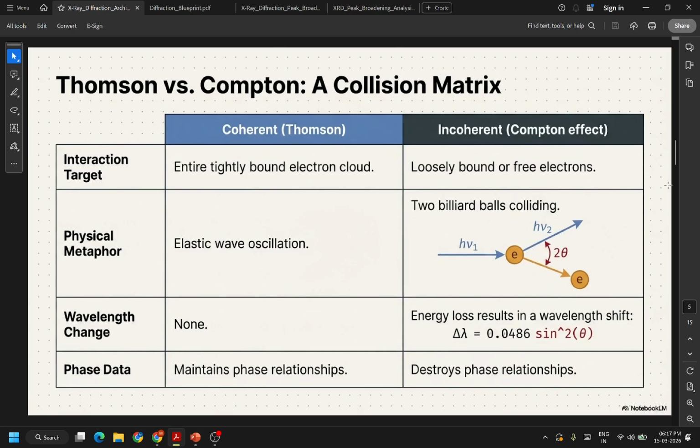Hence, there is energy loss which results in a wavelength shift, which is given by delta lambda equals 0.0486 sine squared theta, whereas there is no change in wavelength in coherent scattering. And coherent scattering also maintains the phase relationships, whereas incoherent scattering will destroy any phase relationship.